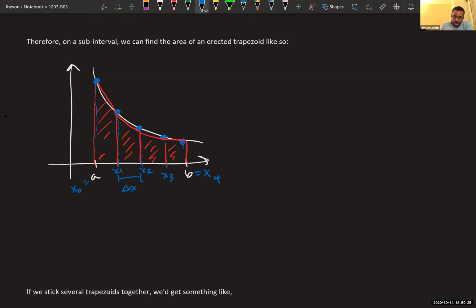We know that the area here is going to be 1/2 the sum of the lengths of the two parallel sides times the distance between them. The area here is 1/2 times the sum of the lengths of the two parallel sides times the distance between them, and so on, etc.